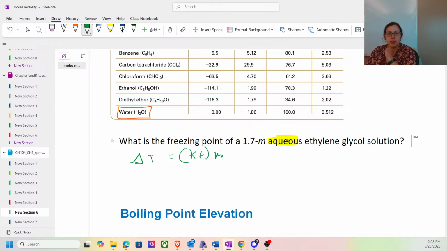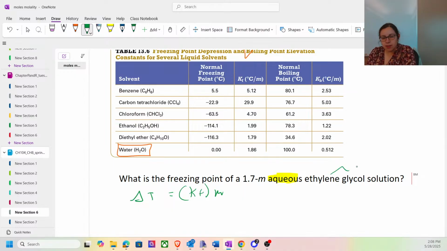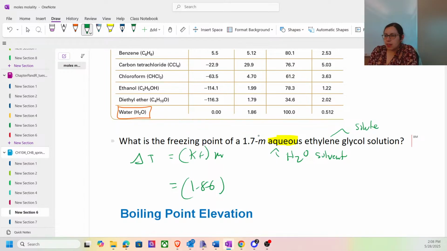I was trying to say don't overthink it, because we have this ethylene glycol, but this is our solute, and aqueous means that H2O is our solvent. So we want to look at water and the Kf there. Now I'm going to plug this in, so 1.86 for the Kf, and they gave us the molality, so times 1.7.